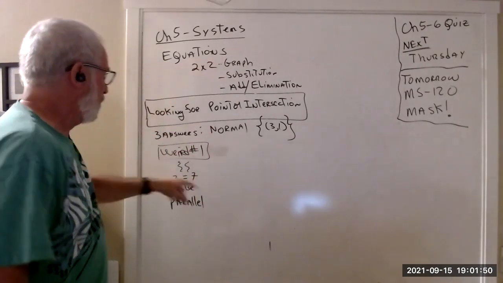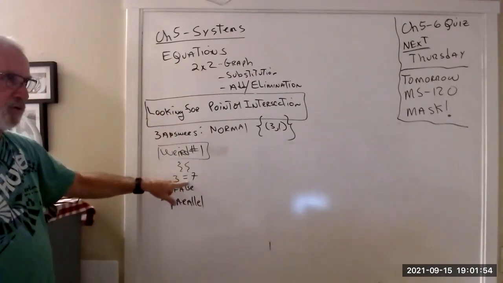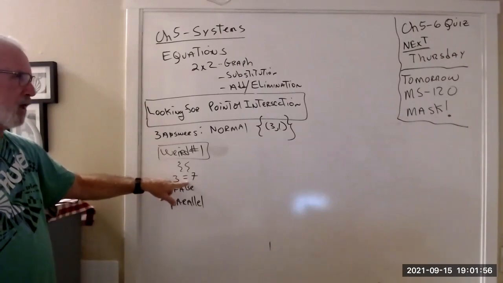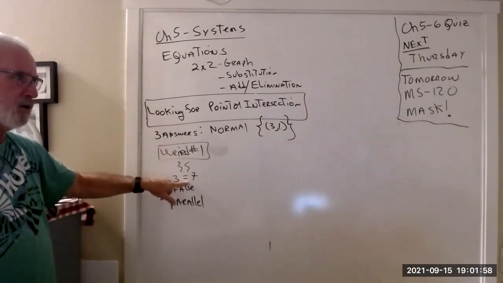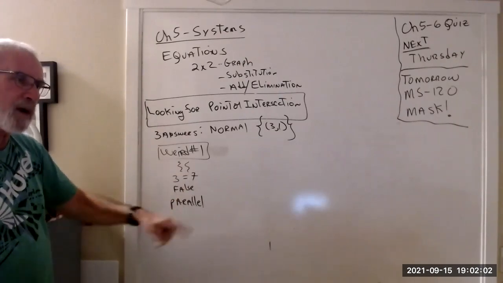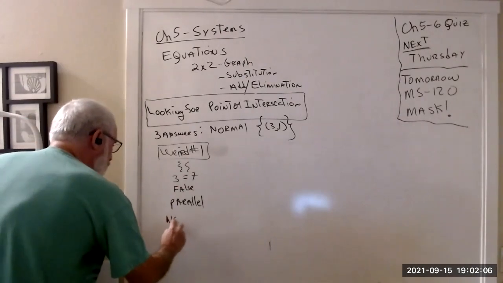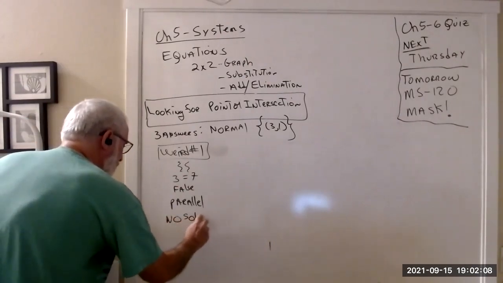So if you're doing some algebra and you get something like 3 equals 7, you're going, what the heck is happening here? That's totally wrong. Well, that meant the graph was parallel, and that meant that you have no solution.